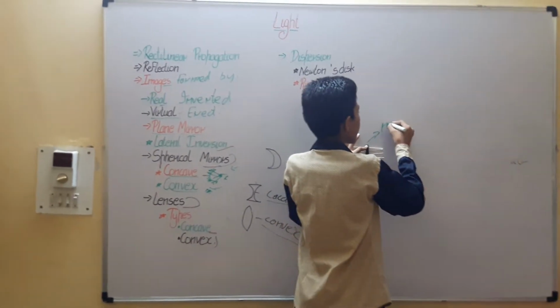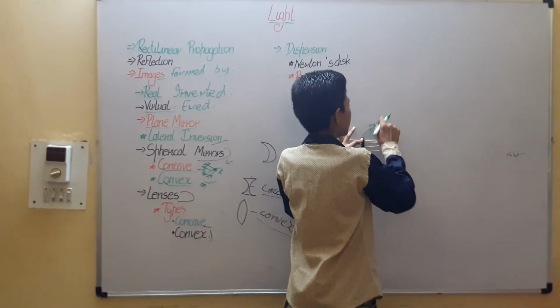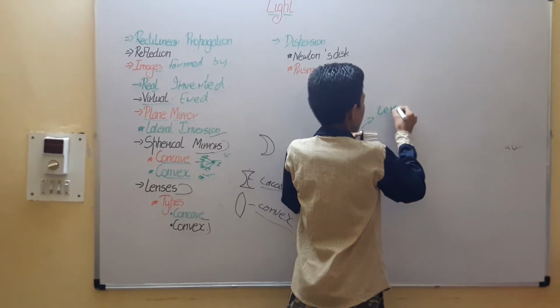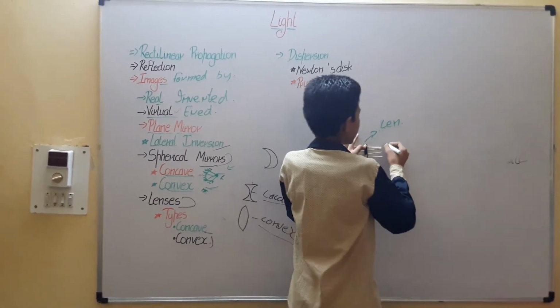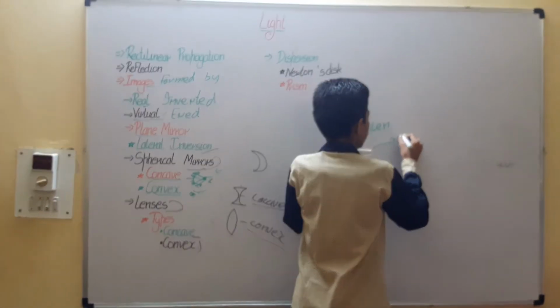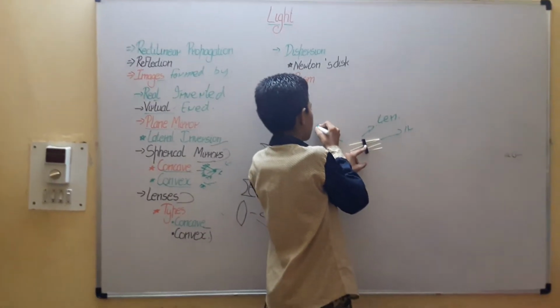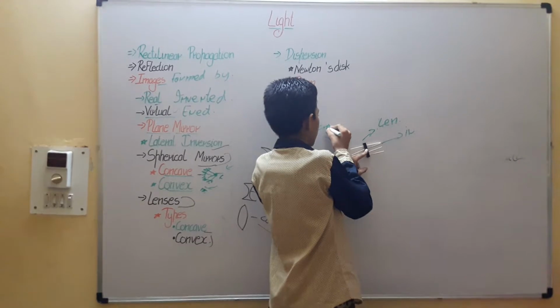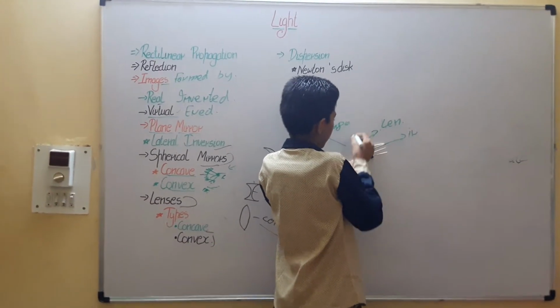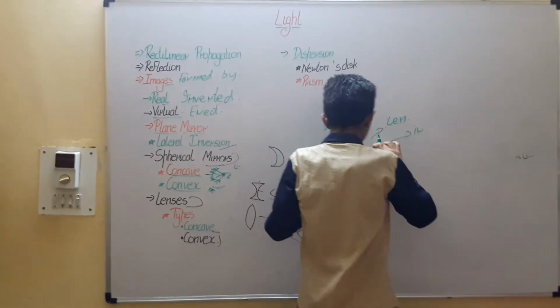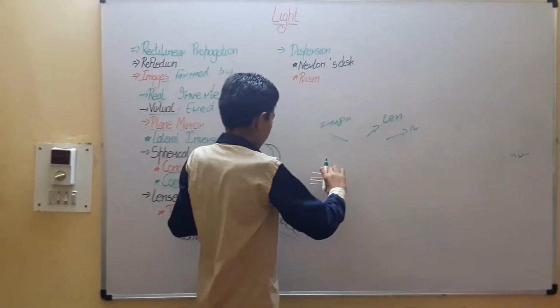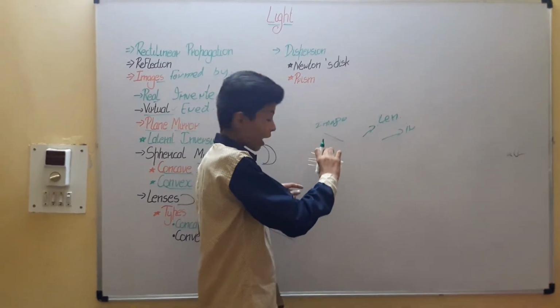So let's understand this. Now the sponge would act not as a mirror, but as a lens, and these are the incident rays, and this is where the image is formed. So in the concave lens we have the bulge inside.